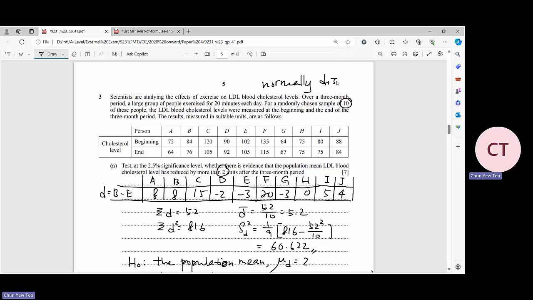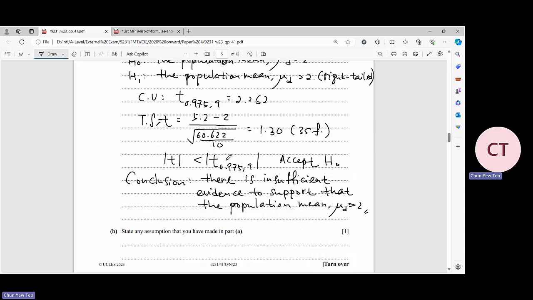So over here, the assumption that I have to make will be that the population differences are normally distributed. So that will be the answer for part B.